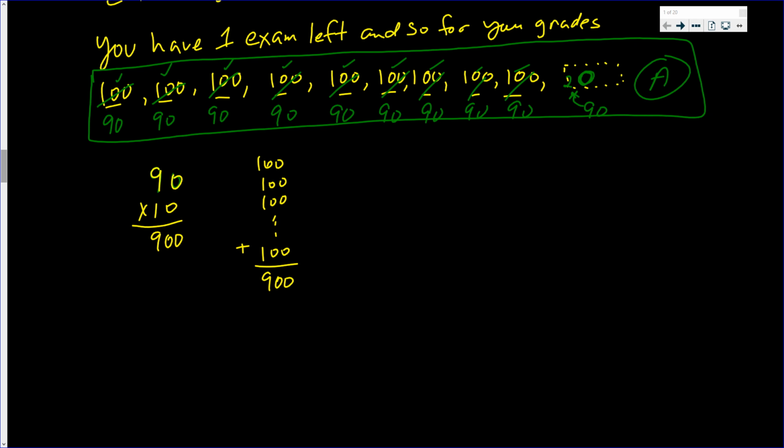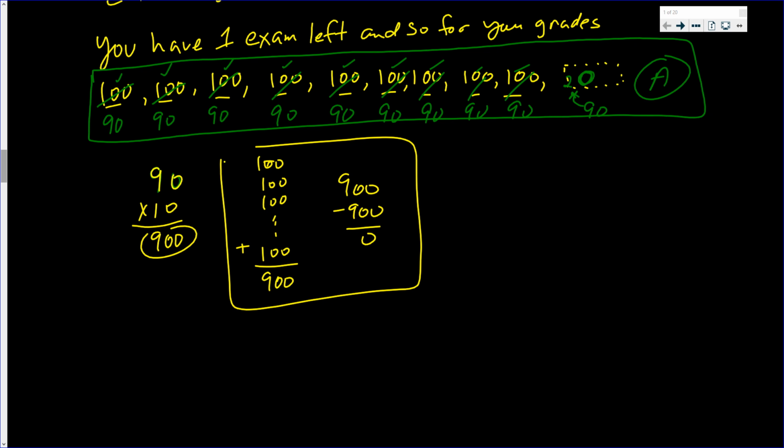So you already have the 900 points. You need 900 points, you have 900 points, so you need a 0 on the next test.